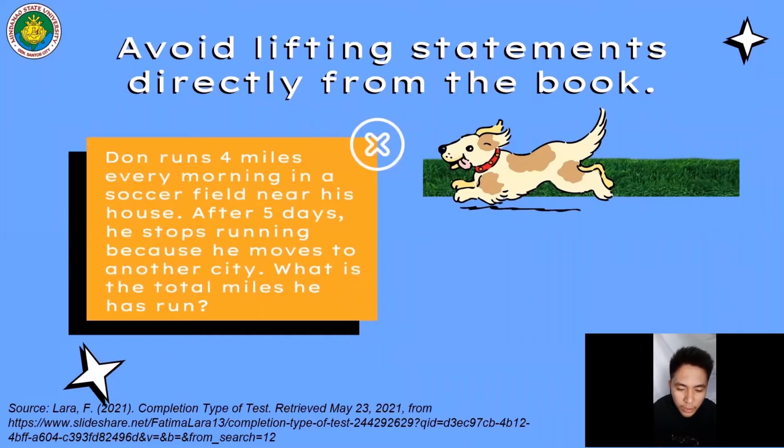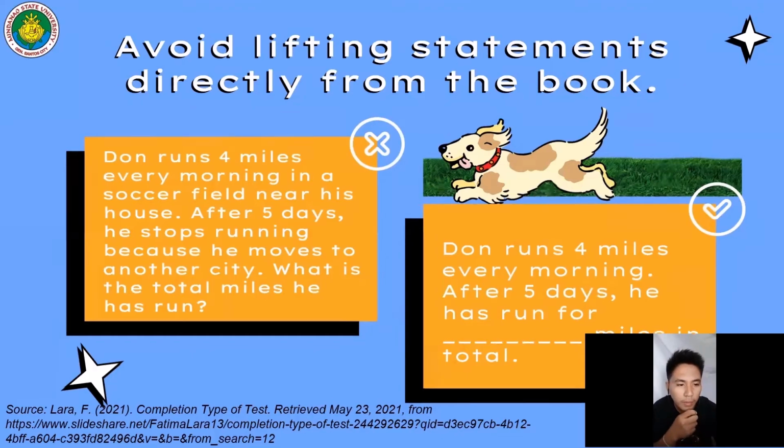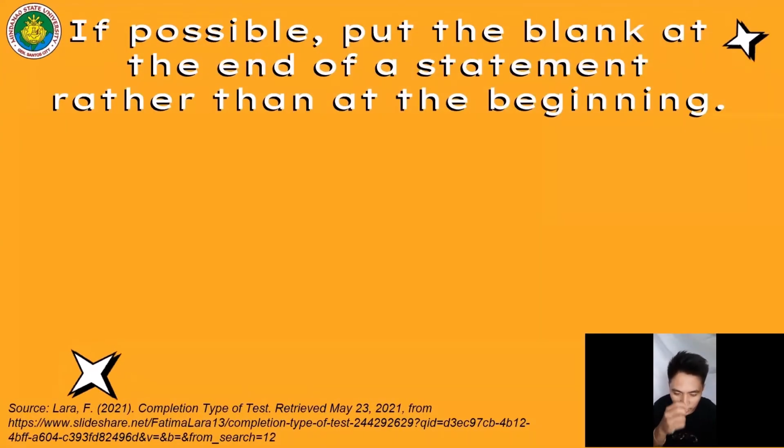But instead, the correct one is: Don runs 4 miles every morning. After 5 days, he has run 4 blank miles in total. Number 7, guidelines for writing completion items.